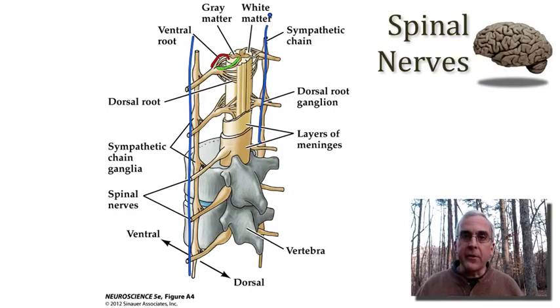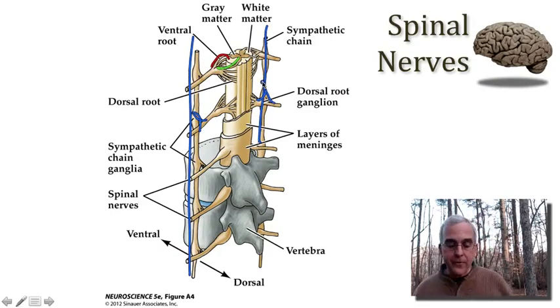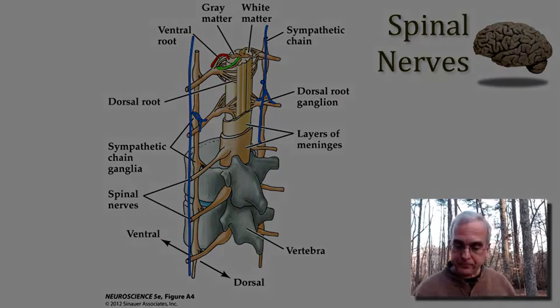But that's where we find those kinds of motor neurons, in the sympathetic chain. And notice that the sympathetic chain is connected by a series of small connecting rootlets that go back and forth between the spinal nerve and the sympathetic chain as that nerve emerges out of the canal formed between the vertebrae of the vertebral column.